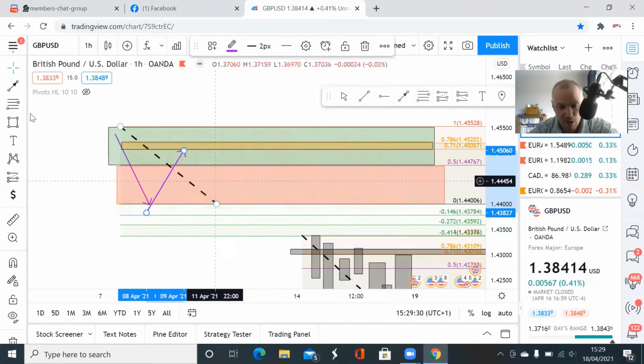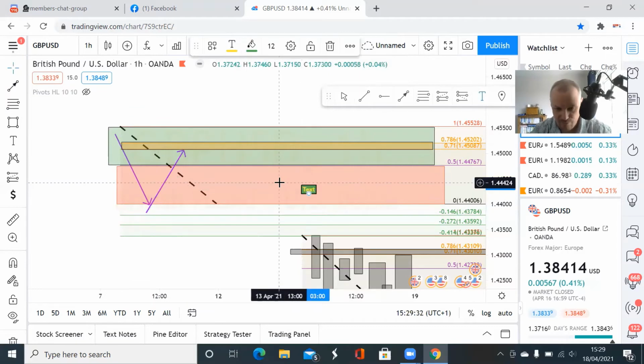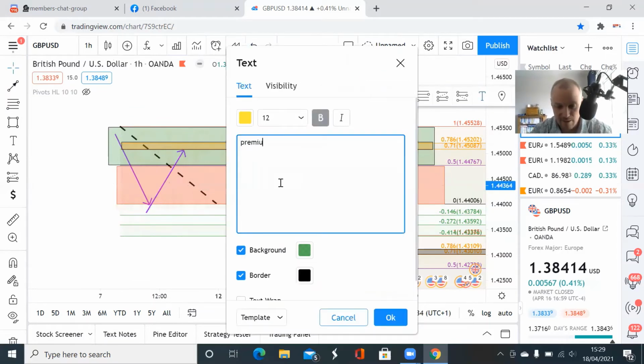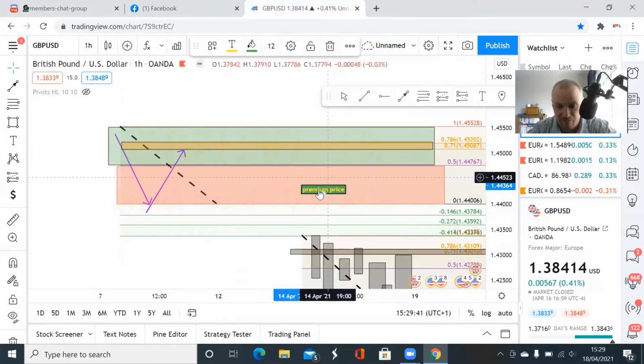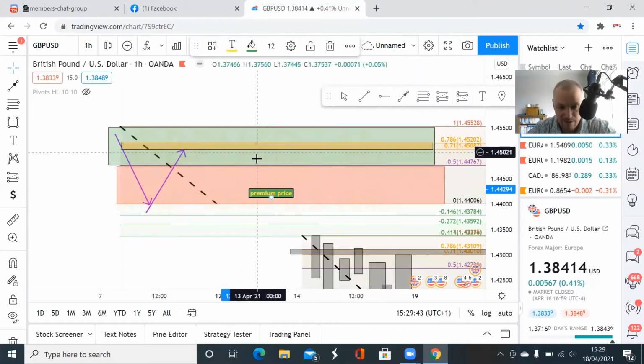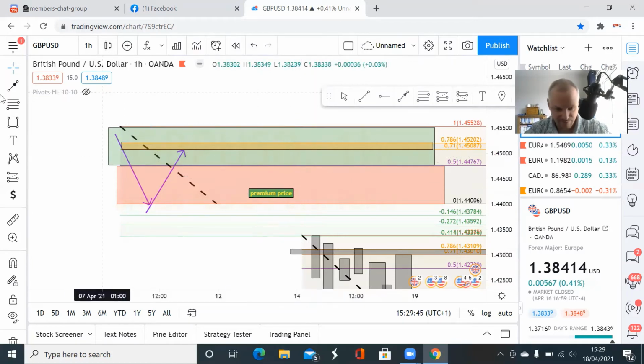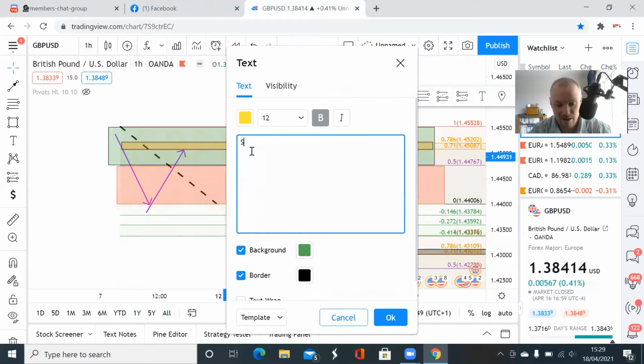So this would be what we would call, if you got in on here, this is the premium price. Okay, you're paying top dollar, you're paying full whack. Okay, this here is sale price. Okay, so this you're getting a fantastic deal for your money.